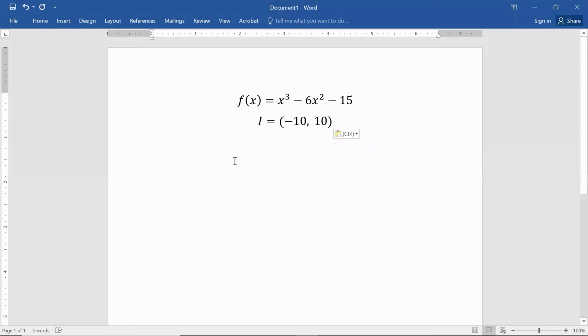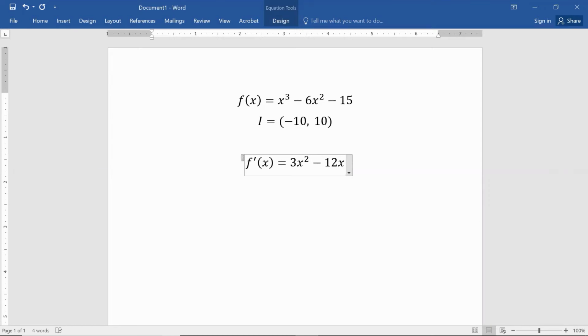In order to figure out where on this interval the function is increasing and decreasing, we need to start by finding where the critical values are. That forces me to take the first derivative of my function f of x. The first derivative is 3x squared minus 12x.